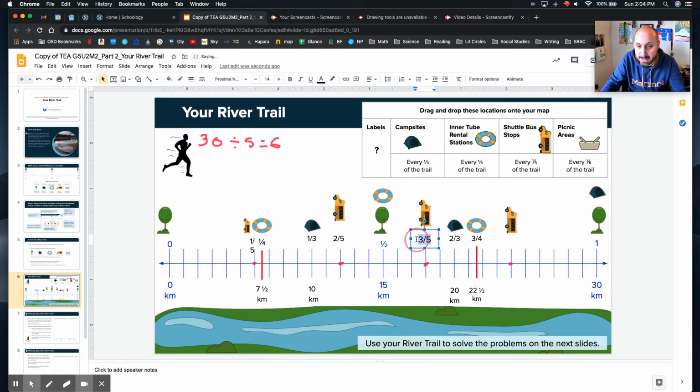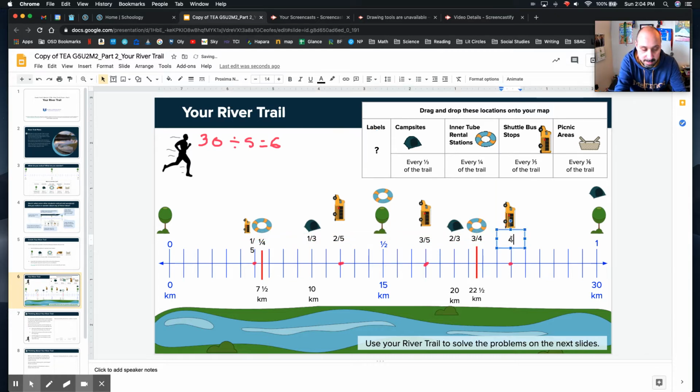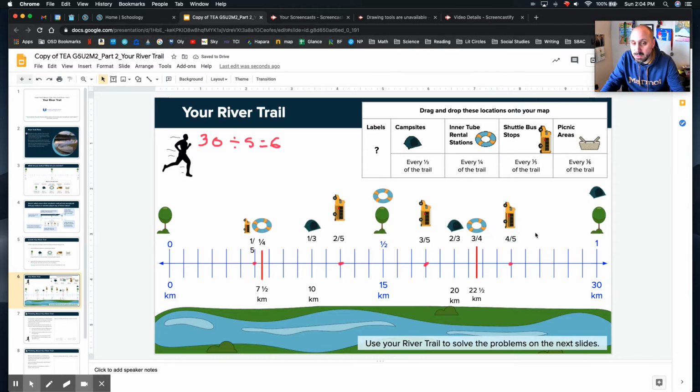Remember, I'm making this a little smaller, 12 font up at the top. And then 4/5 is here. Okay, so this is 4/5. I have fun doing this. I know it's probably a little harder on your Chromebooks, but just try your best. There's 4/5.